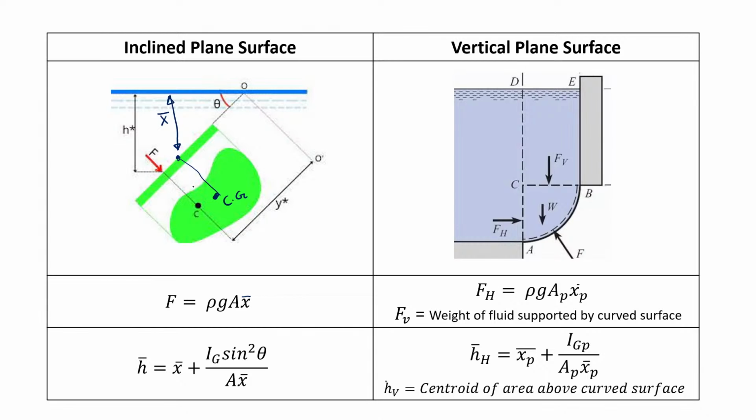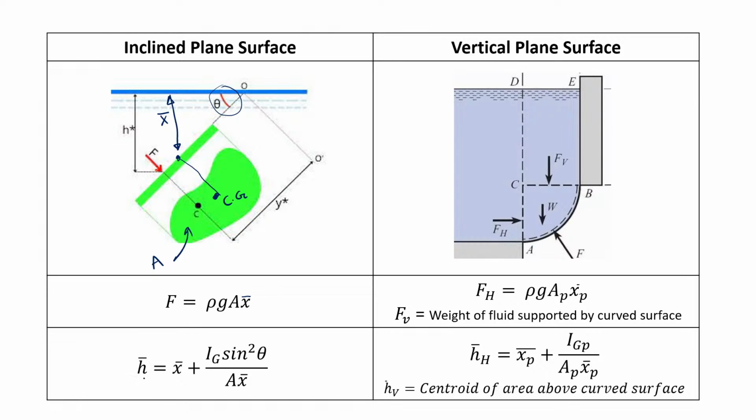So by using this x bar, the area, and the specific weight of the fluid, we can find out the hydrostatic force. We can see this hydrostatic force is independent of this angle theta. Whatever the angle theta is, for an inclined plane surface there is always some angle theta with respect to the horizontal, and this hydrostatic force is independent of it.